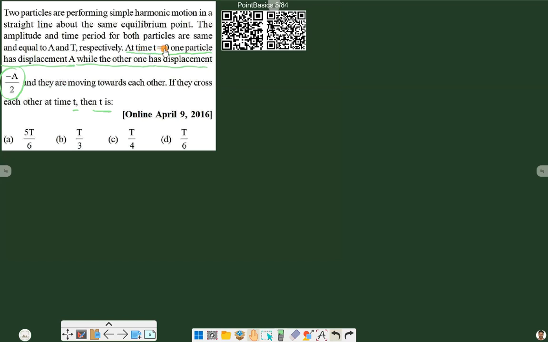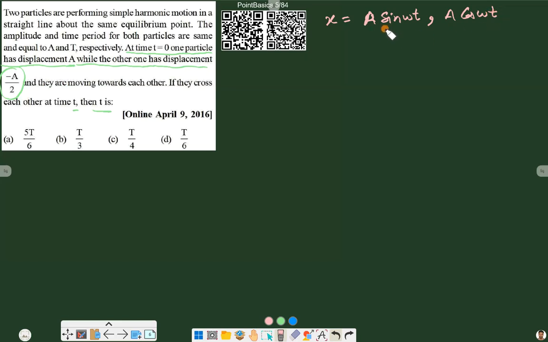At time t equals 0, the first particle has displacement a, and as already discussed in some previous questions, we can take two types of equation. First is a sine omega t, if we are taking without phase difference, or we can take it as a cos omega t.